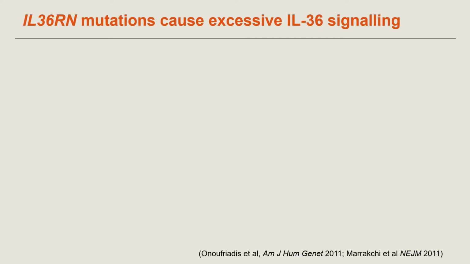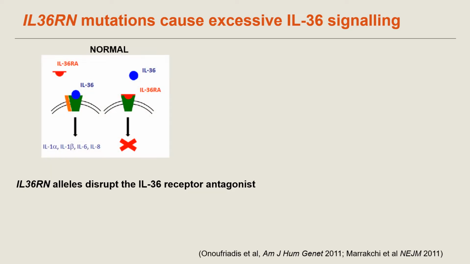And we know, so IL36RN encodes for the IL36 receptor antagonist, labeled as IL36RA here. And this protein is a negative regulator of IL36 signaling, which can bind the IL36 receptor and shut down signaling from the receptor.